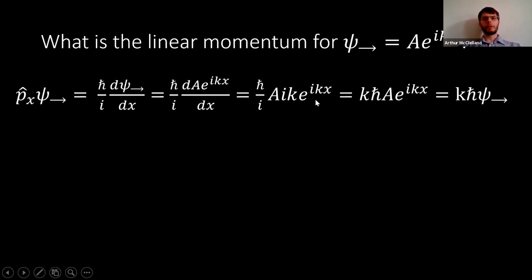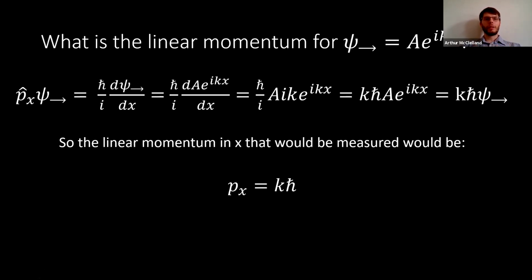We do the differential, we rearrange a little bit, and we find that we get k h bar psi. So we do have an eigenvalue equation. We have operator, wave function, constant, wave function. So the linear momentum in x, if we measured it, we'd find it's k h bar.